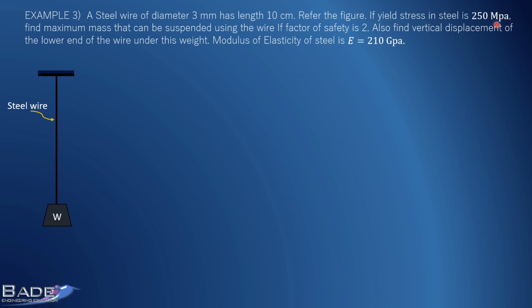Remember, this is not safe stress. Find the maximum mass that can be suspended using the wire if factor of safety is 2. So you are asked to find the maximum mass that can be suspended. Okay, so what is very important to understand: when you want to find the maximum mass that can be suspended, you must know the maximum stress we can allow.